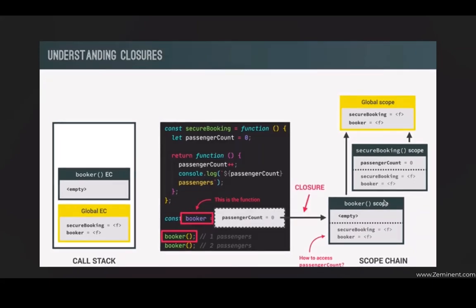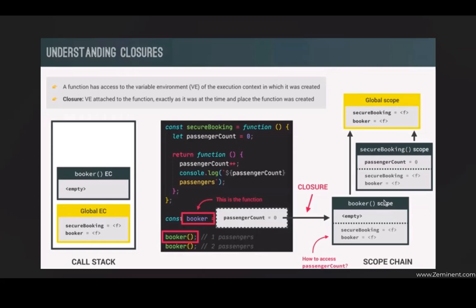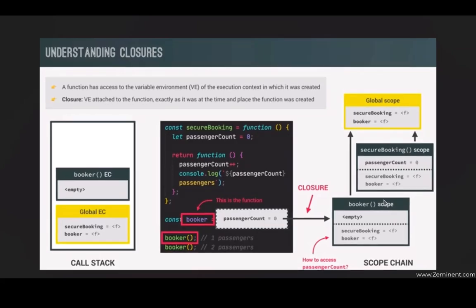So therefore the Booker function will get access to the variable environment which contains the passenger count variable, and that's the magic trick here. That is how the Booker function will be able to read and to manipulate the passenger count variable. So this connection is what we call the closure.